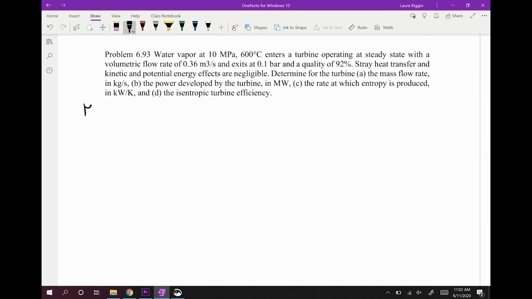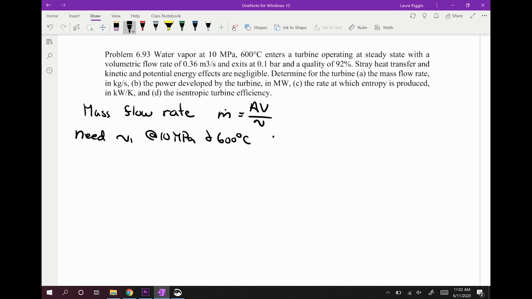So we'll start with the mass flow rate. Our mass flow rate is our volumetric flow rate divided by our specific volume, so we need our specific volume. At 10 megapascals and 600 degrees Celsius, v1 is equal to 0.03837, which I got from table A-4.